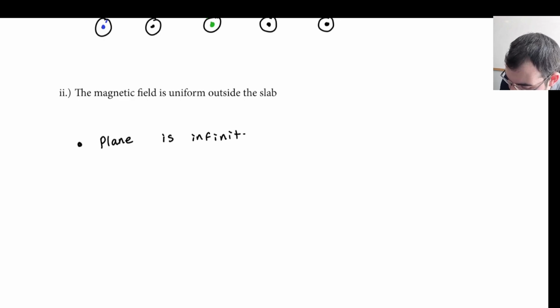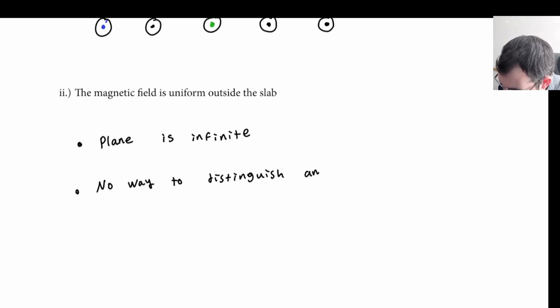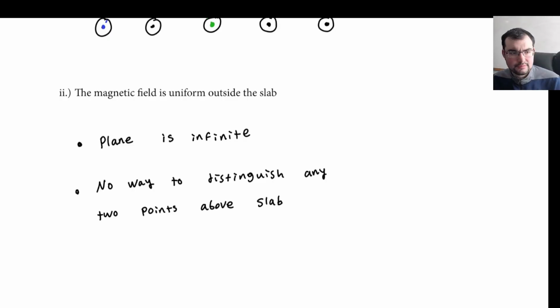Infinite, which means there is no way to distinguish any two points in space above the slab. So what do we mean by that?